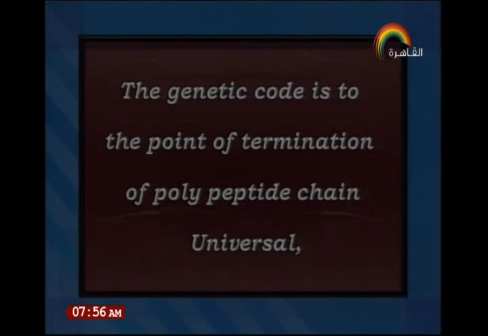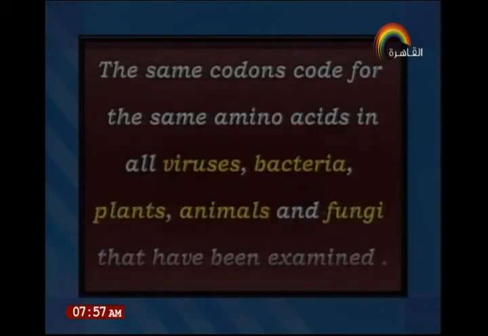The genetic code at the point of termination of the polypeptide chain is universal or general. Do you know why? Because the same codons code for the same amino acids in all living organisms, like viruses, bacteria, plants, animals, and fungi that have been examined.